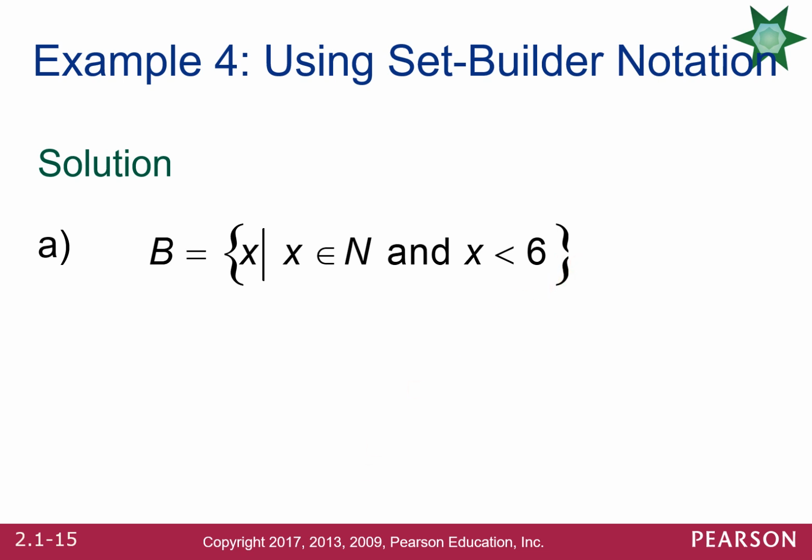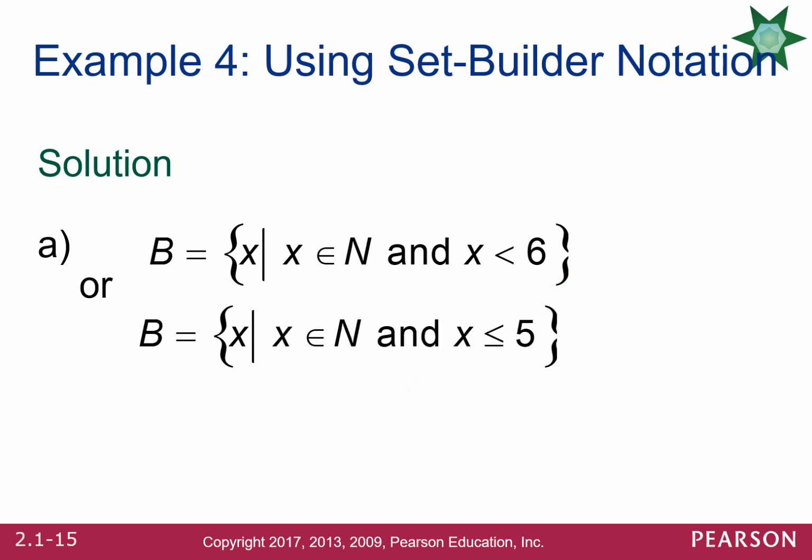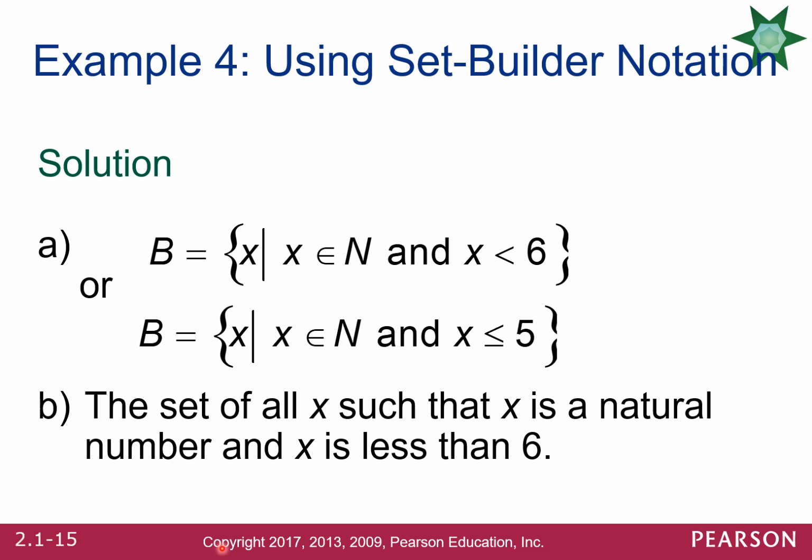And then the alternate way is to say B equals, again, x such that x belongs to the set of natural numbers and x less than or equal to 5. So the description of this set notation is the set of all x such that x is a natural number and x is less than 6.